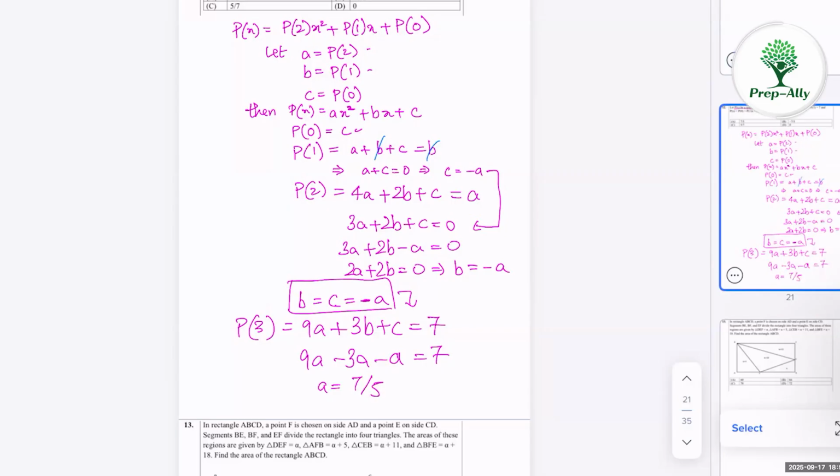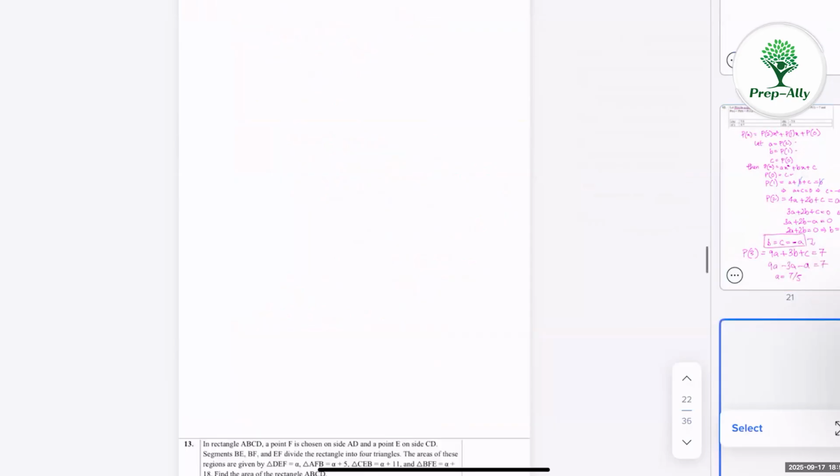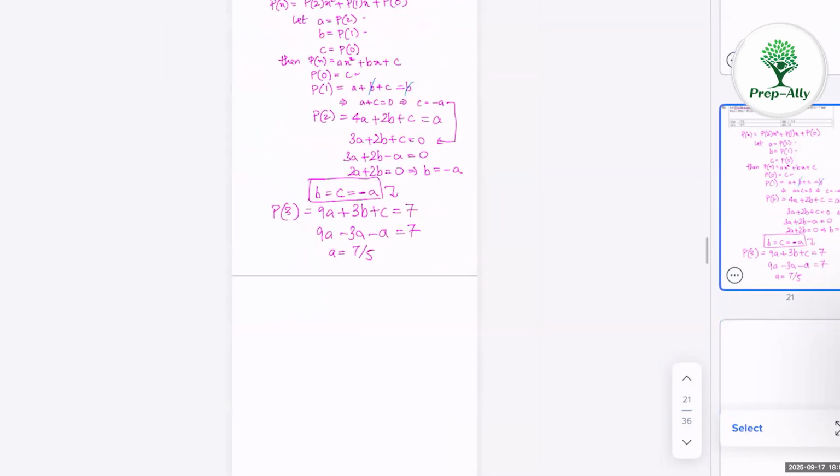Now what do we have to find? We have to find p of minus 1. P of minus 1 is a minus b plus c, which is a plus c minus b, right?